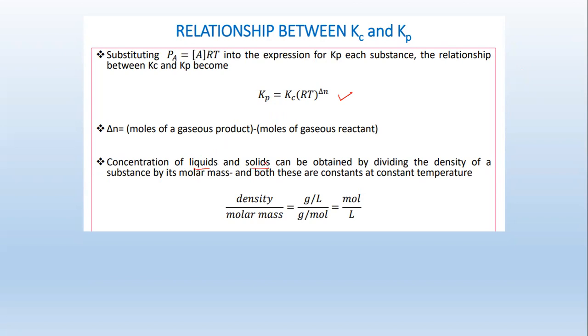Now, how are we going to calculate their concentration? We're just going to use this formula where we say density divided by molar mass of that substance, which is in liquid state or in solid state. And therefore, you will be able to determine your concentration of that substance using its density and the molar mass. We know how to calculate molar mass. We can use the periodic table. Okay, I hope that was clear.